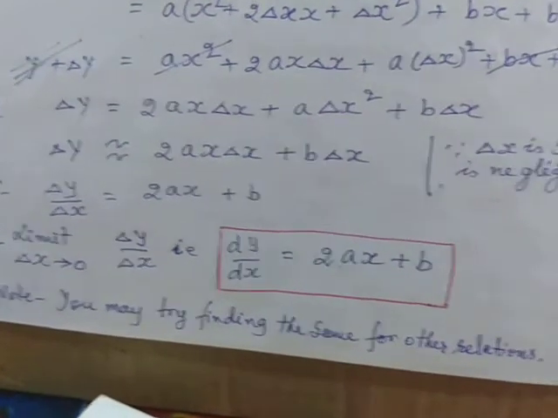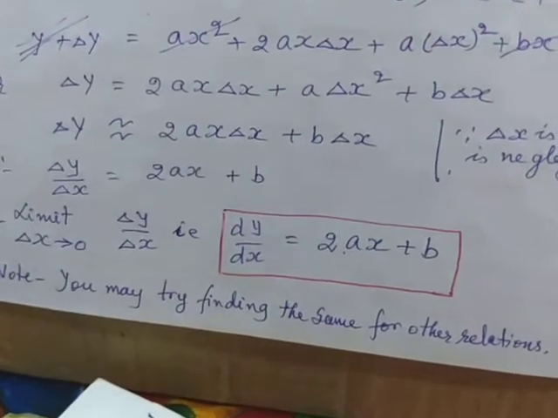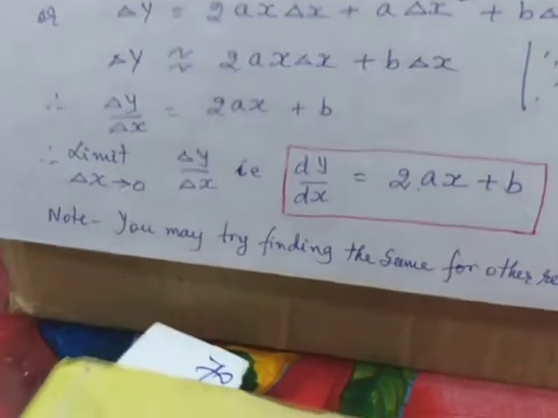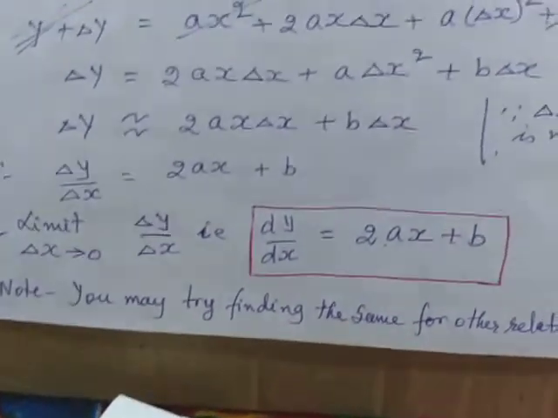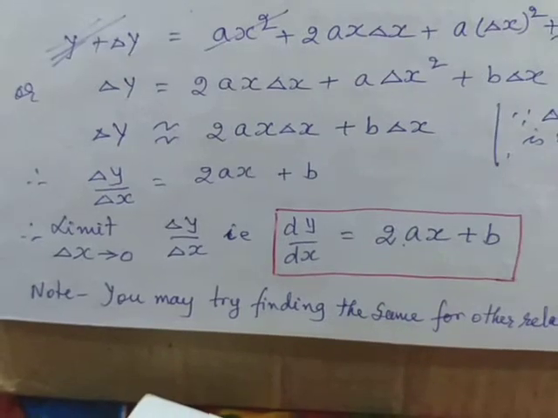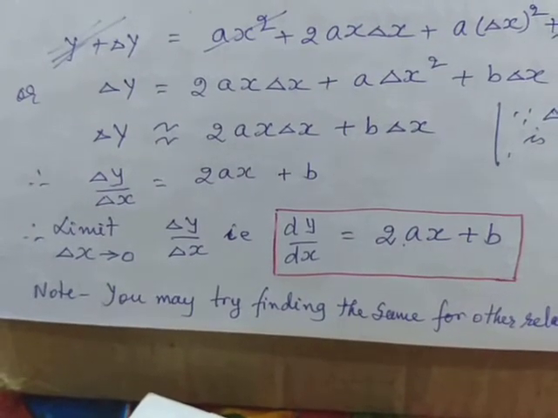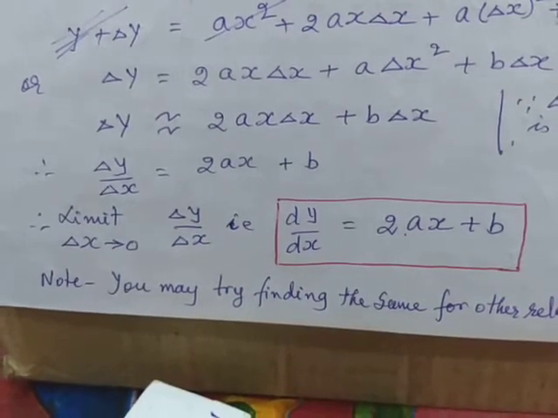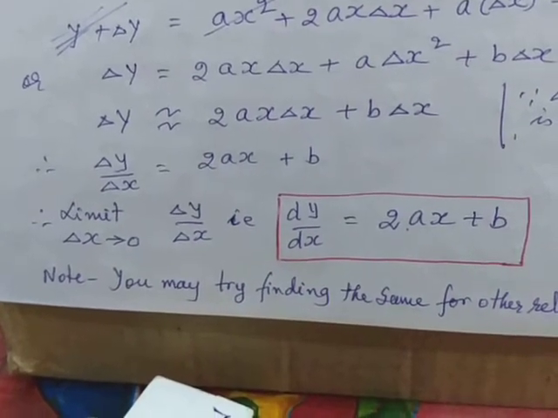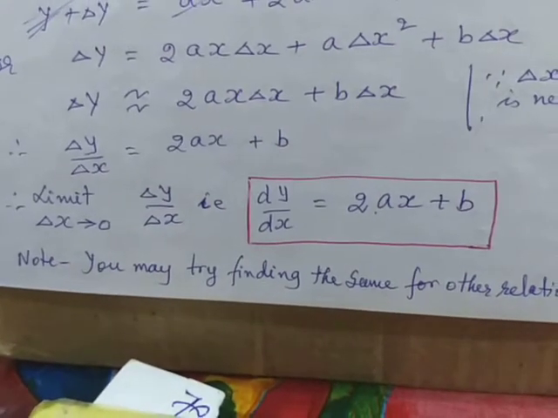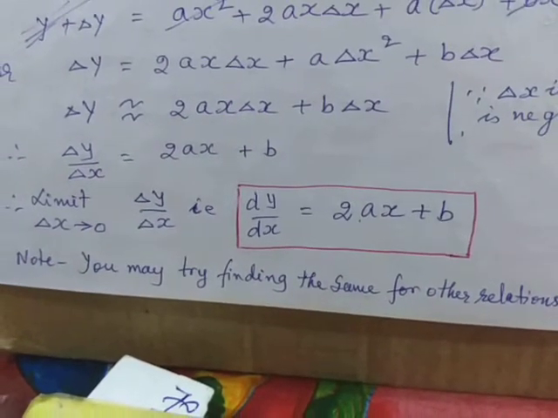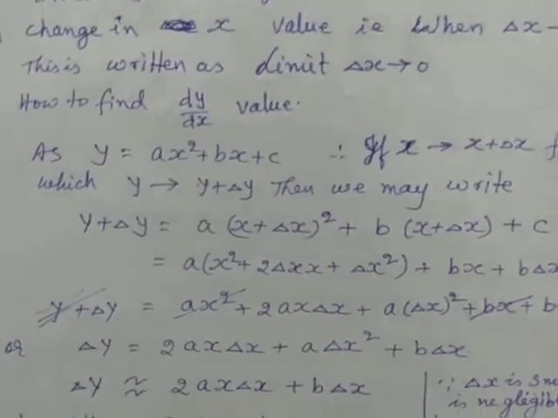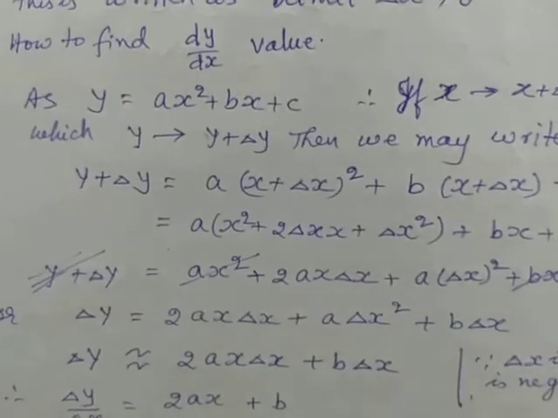Now if we divide both sides by delta x, we get delta y by delta x is equal to 2ax plus b, and when we put the limit delta x tending to 0, dy by dx becomes 2ax plus b, and this is how we have found the value of differentiation of y with respect to x. Now the moment we change the expression for y in terms of x, the value of dy by dx will also change.